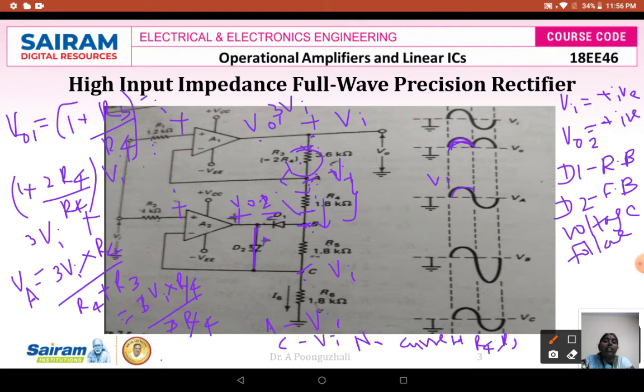Next, your VB voltage. VB voltage is going to be ground here, so we are going to connect it to the ground. That means the same Vi is going to be present at this point also. Next, the VC voltage: again your VC voltage is going to be Vi there. This is for the positive half cycle.